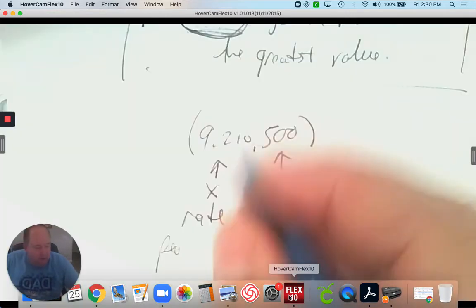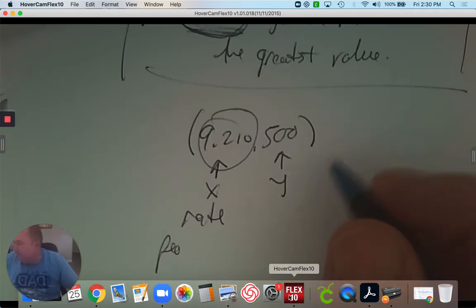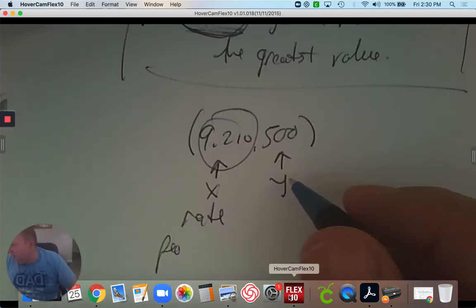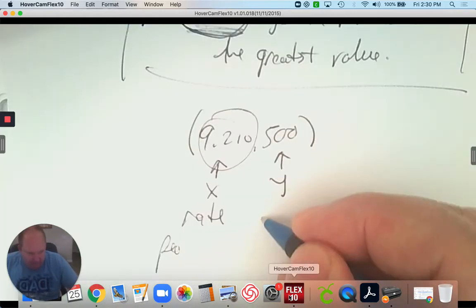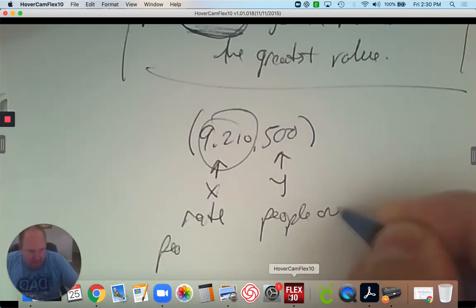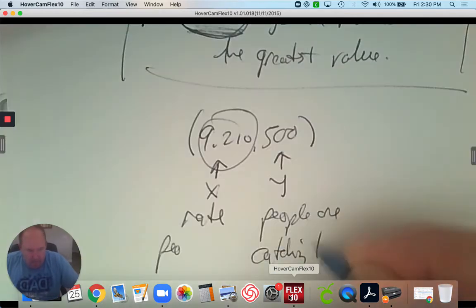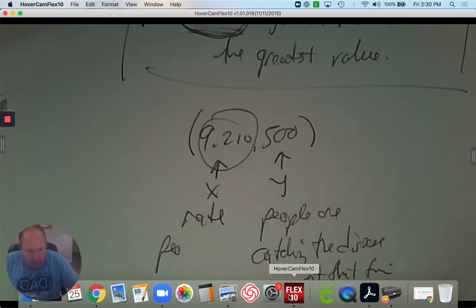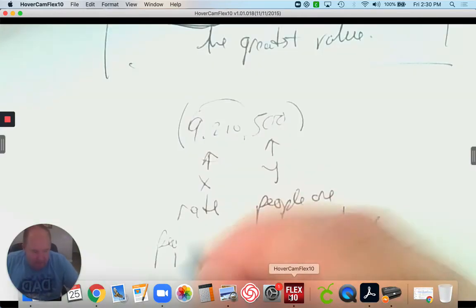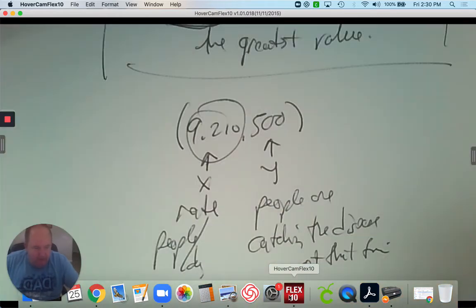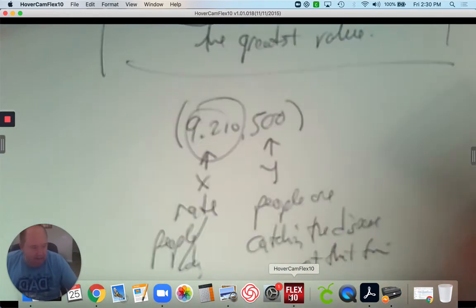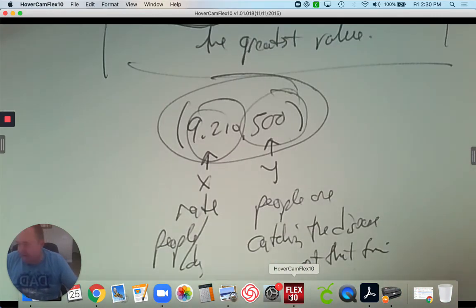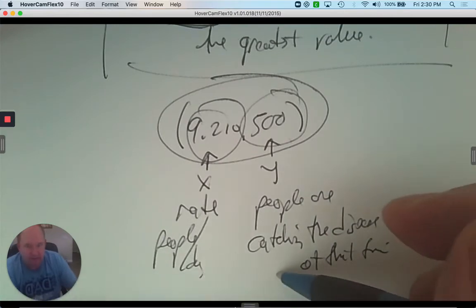So this is when people were infected per day the fastest. 500 people are catching the disease at that time. This is the rate in terms of how fast it is spreading, and this is how many people per day are catching it at the greatest rate. A little confusing, right? It's okay. We did it together.